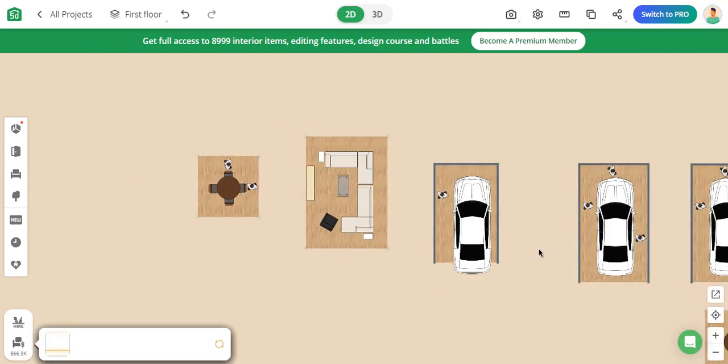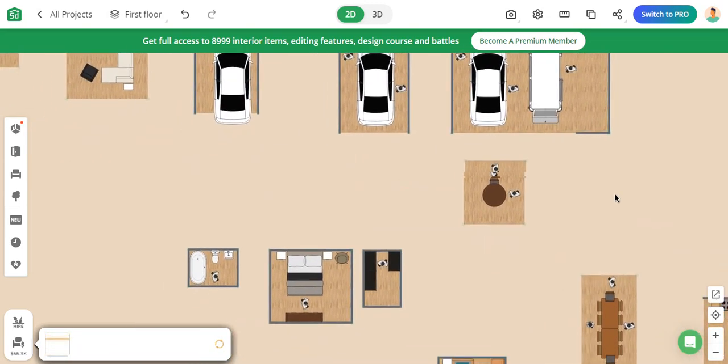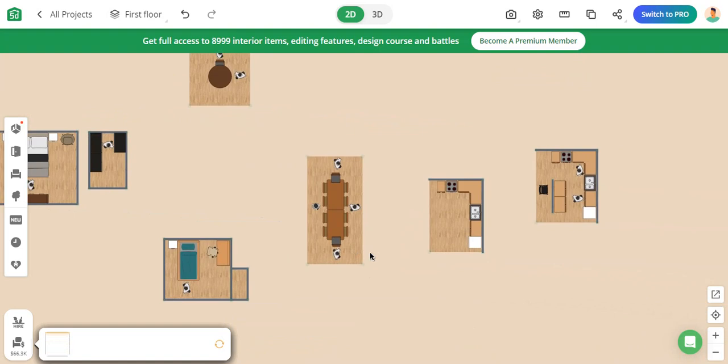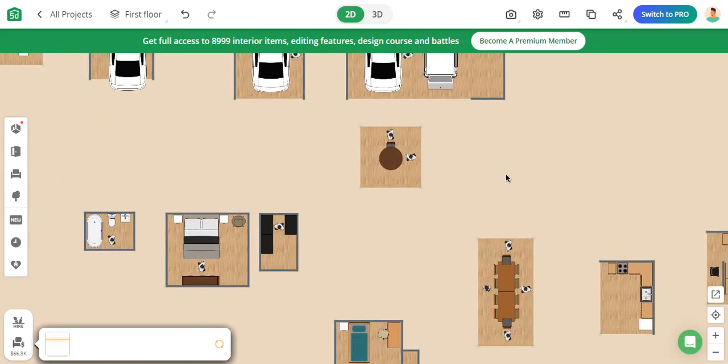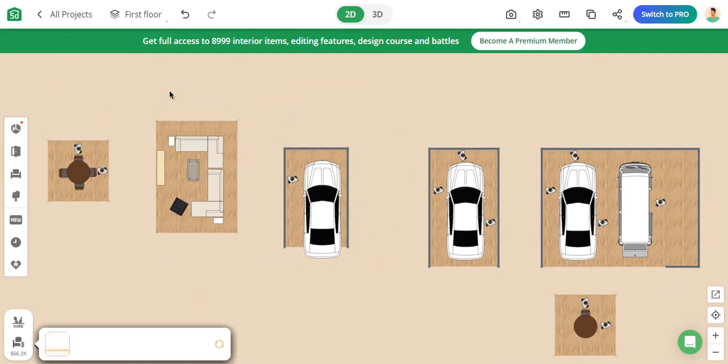Okay, so use it sparingly. Use it to determine how much space you really need for every room. Engineers and architects don't use this because it's part of what they go to college for. But in your case, this would be a very helpful tool to determine the size of your rooms. Okay.